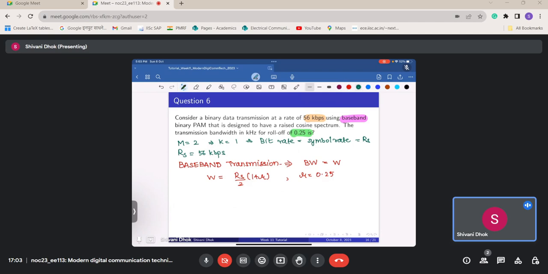So we have W as Rs, which is 56 kilobits per second. So 56 into 10 raised to 3 upon 2 into 1 plus R, which is 0.25.